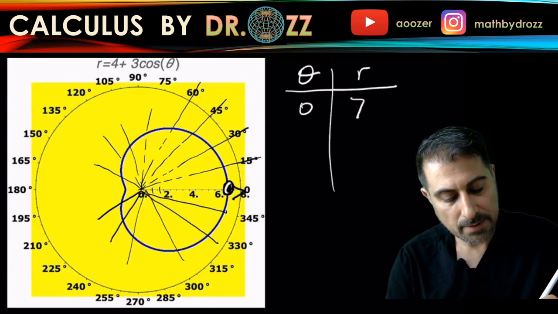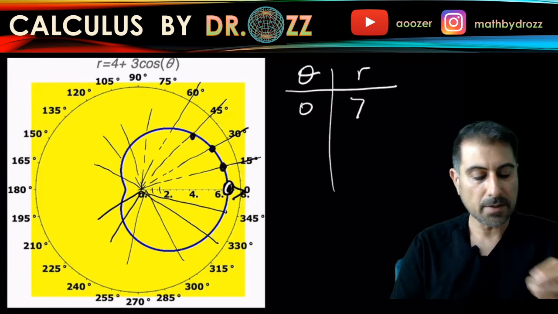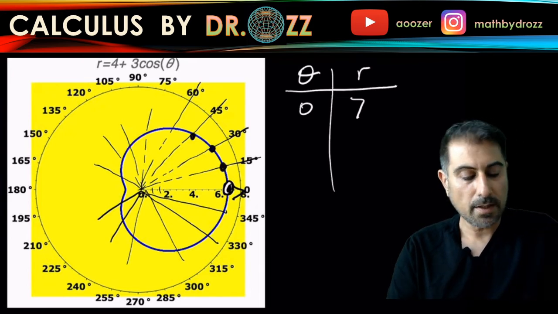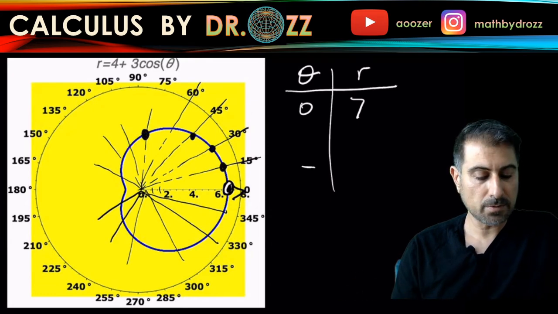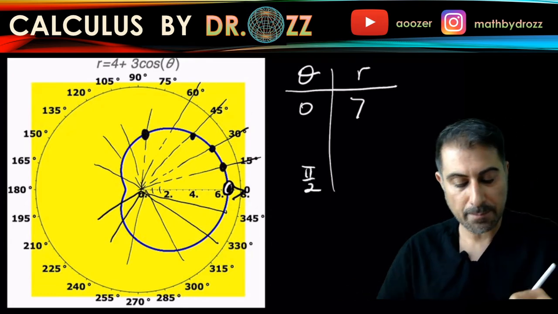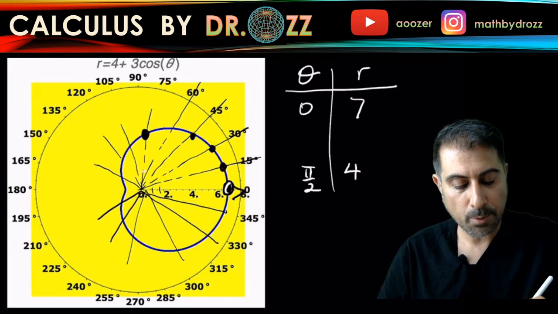For theta equals pi over 2, cosine pi over 2 is 0, so r is 4. That means you're walking only 4 units to that point.